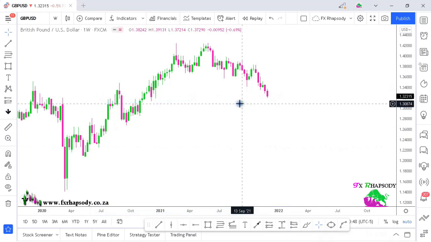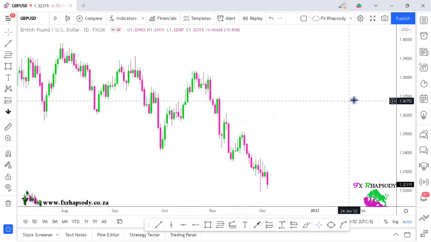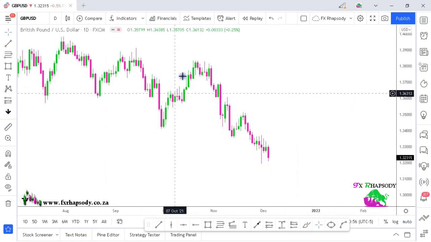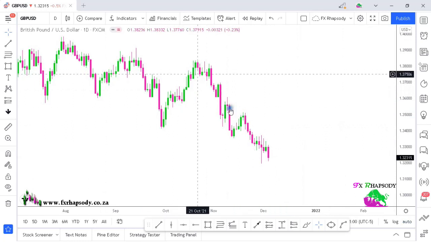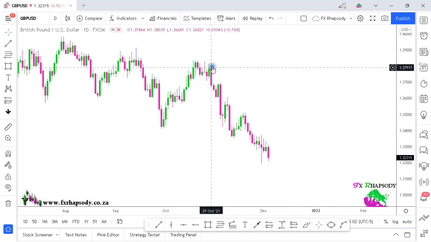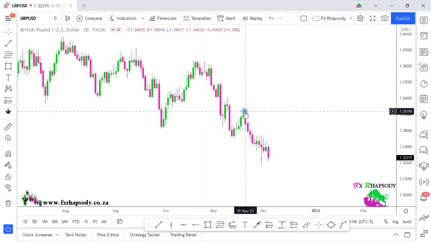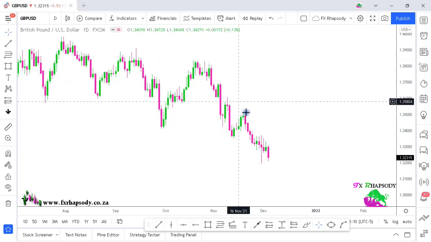Drilling down to the daily time frame. On the daily time frame, we can see the pound is on a downwards movement. So basically it's in a downtrend. You can see lower highs, lower lows, lower highs, lower lows, lower highs, lower lows. So that is price action being in a downward movement.